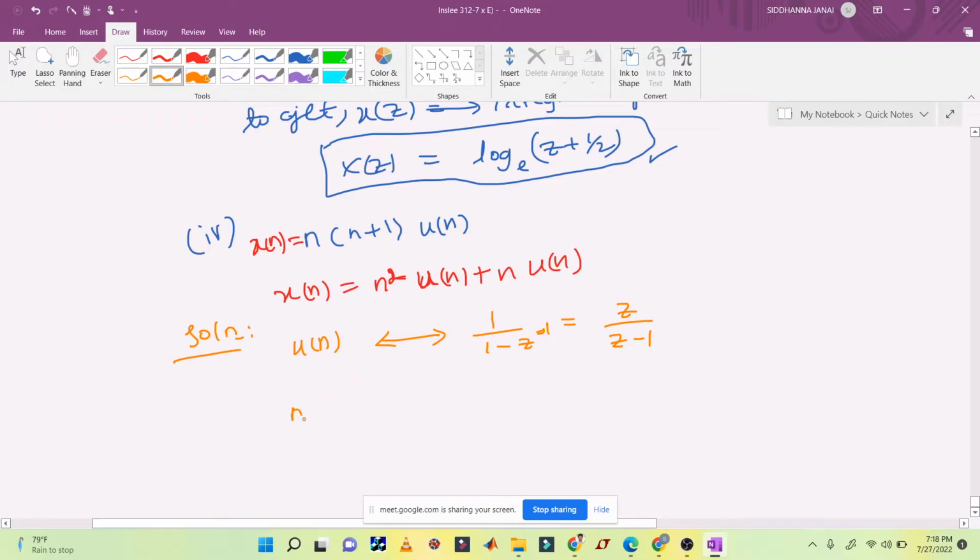Now what is n into u of n? The z transform of n into u of n is minus z d by dz of x of z. So using this property we can write d by dz of this, which is our u of n. We have to differentiate the z transform of u of n. So I will have to keep it like this.